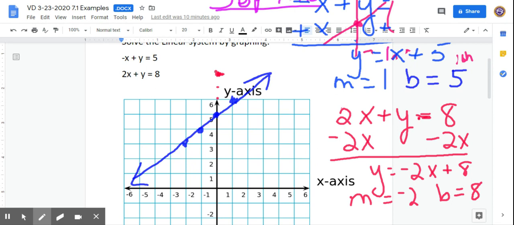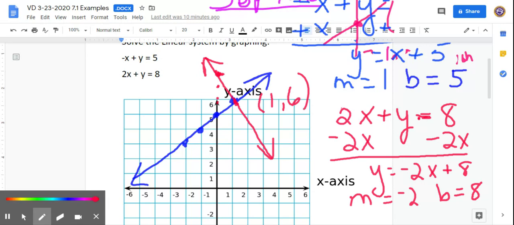Now we're going to do what? Down to slope, down 2, right 1. And we don't need to do anything more because we can see that that is where the two lines are going to intersect, right at the point (1, 6). I hope everybody sees that.